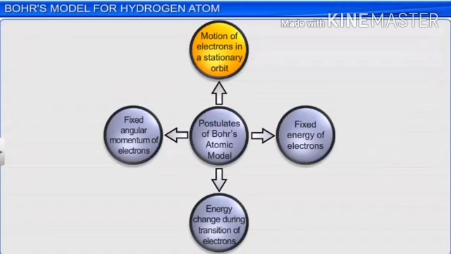motion of electrons in a stationary orbit. That is, how are electrons moving around in an orbit? Next, he explained the fixed energy of the electrons revolving around an orbit.